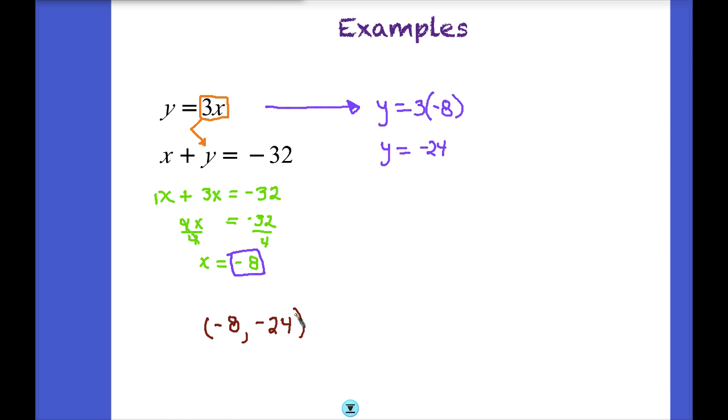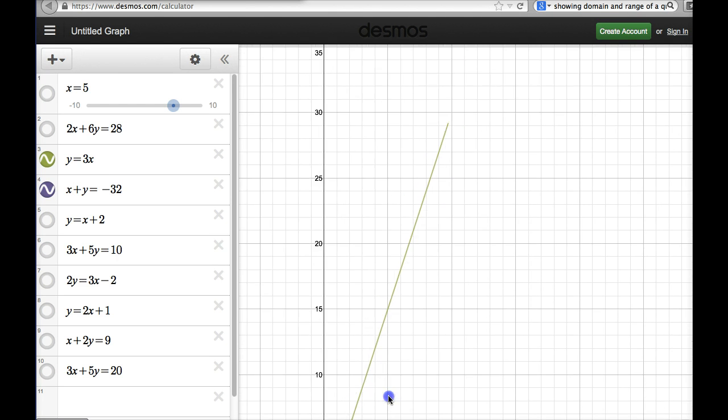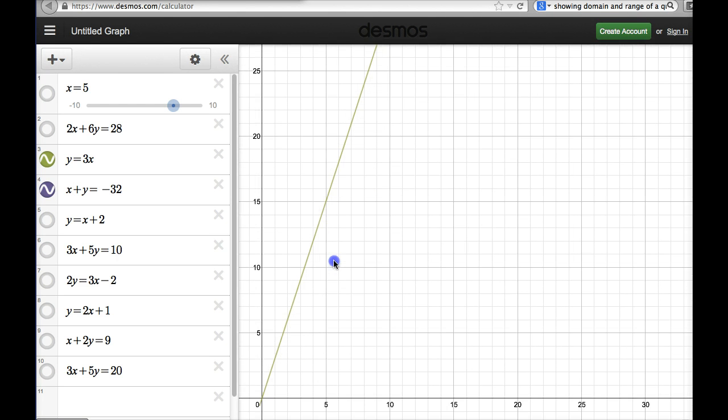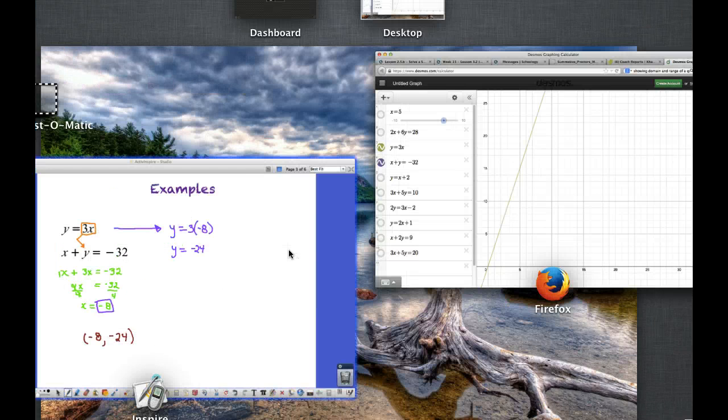And if we look at that graphically, we'll go back over here. We have our two equations, y equals 3x, and x plus y equals negative 32. And I'll probably need to pan in here. Let's see, what was our answer? It was negative 8, negative 24.